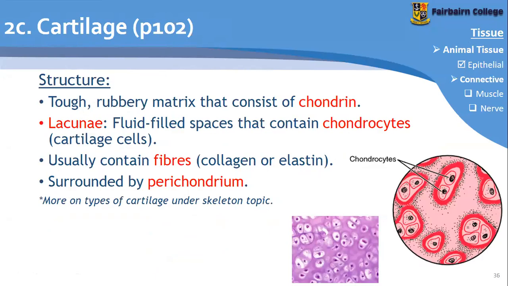If we jump ahead to cartilage, this is the third type of connective tissue. Just to quickly give you an overview of connective tissue: it is tissue that binds other tissues together.